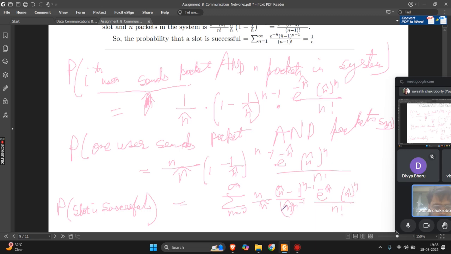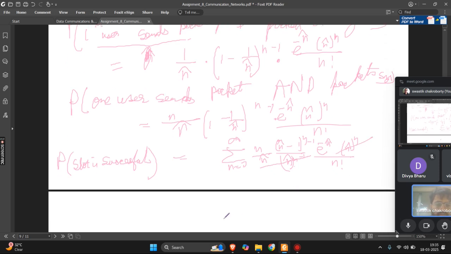Now you see here in the denominator we have n hat into n hat to the power n minus 1. So together they are n hat to the power n, which cancels with this. And you take e to the power minus n hat common outside. And here also one n will cancel with the n of the n factorial and we will be left with n minus 1 factorial. So e to the power minus n hat, summation n equal to 0 to infinity, (n hat minus 1) to the power n minus 1 by n minus 1 factorial.